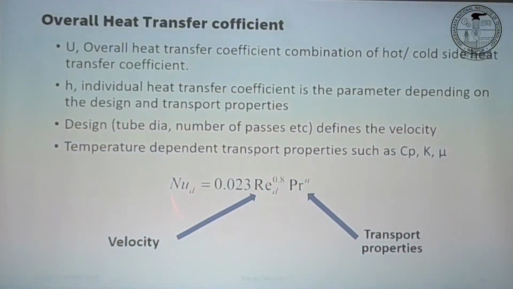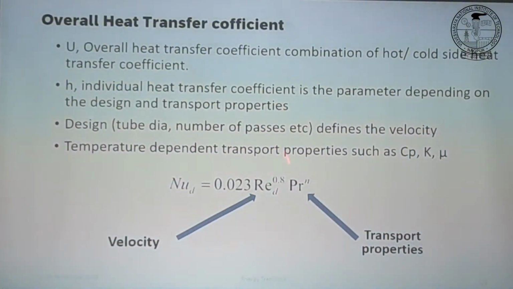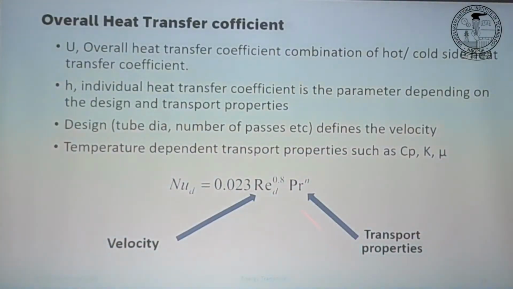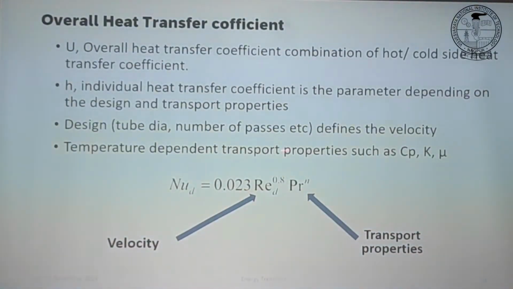But here I'm showing just one familiar equation for calculating this individual heat transfer coefficient, basically for the liquid states. As you said, a combination of hot and cold, and also the conductivity. And H is based on two parameters. One is related to your design and flow regimes, right? Another one is defined by your properties, right?